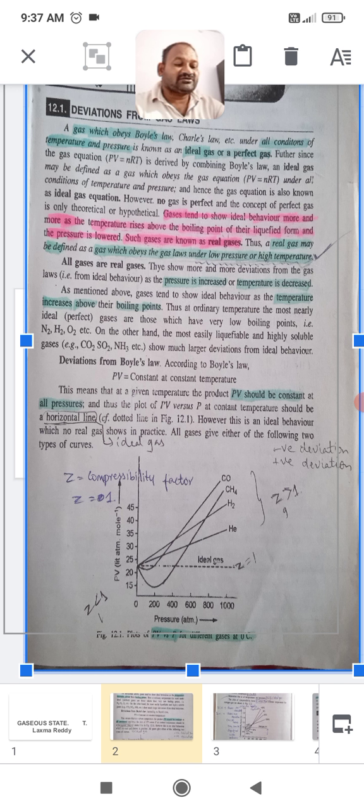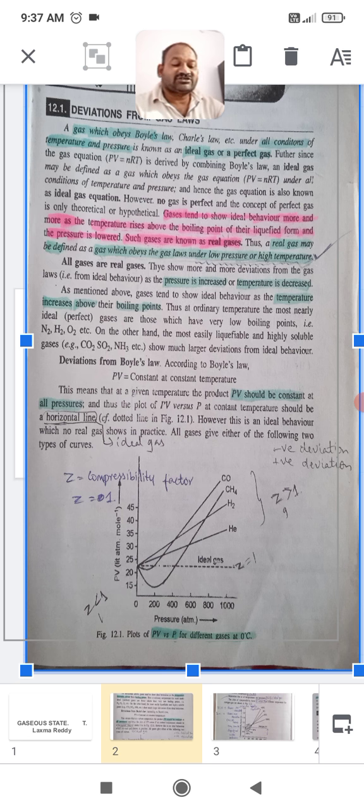Thus, at ordinary temperature, the most nearly ideal gases are those which have very low boiling points, that is, nitrogen, hydrogen, oxygen, etc. On the other hand, the most easily liquefiable and highly soluble gases, carbon dioxide, sulfur dioxide and ammonia, show much larger deviation from ideal behavior.